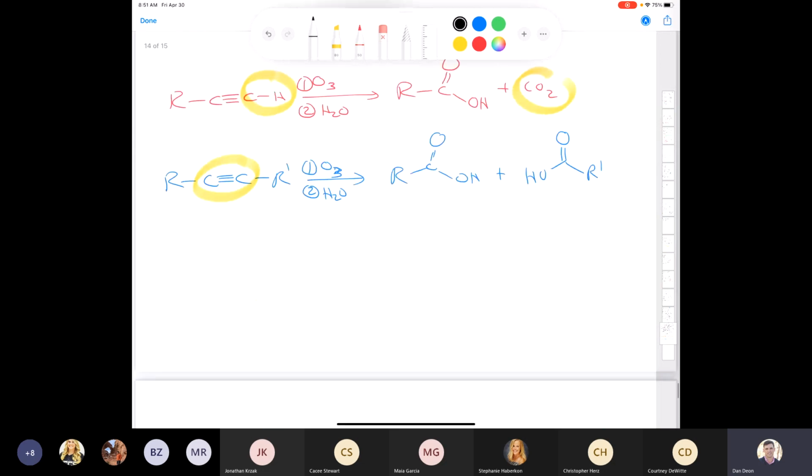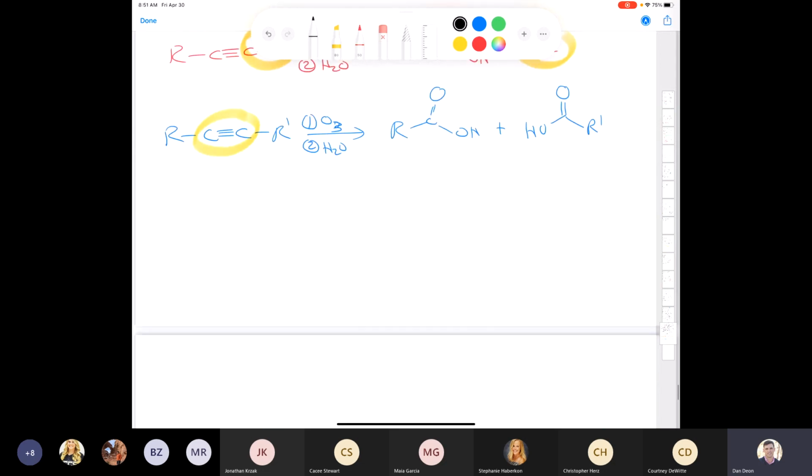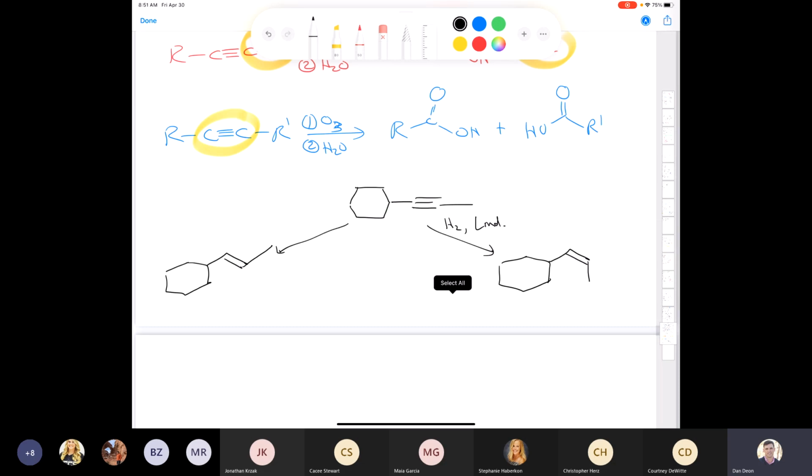And of course, we could take that internal alkyne and reduce it to a trans-alkene if we want to make this guy, or we can reduce it to a cis-alkene if we want to make this. The cis-alkene is going to be done with hydrogen and Lindlar's catalyst.